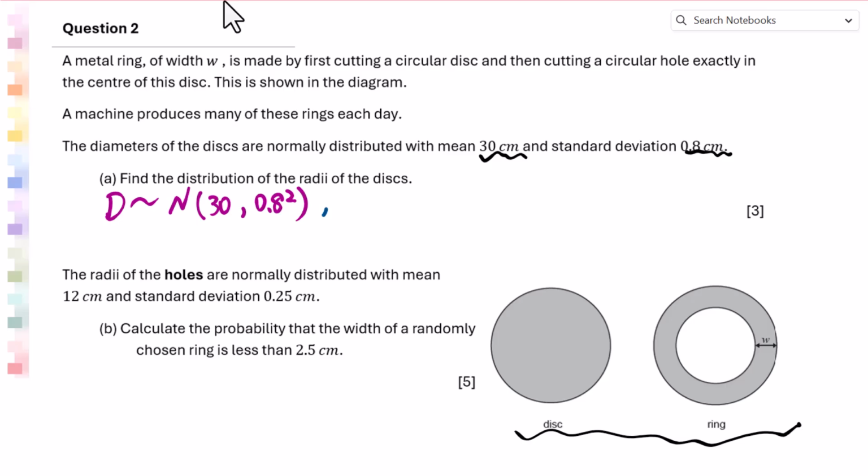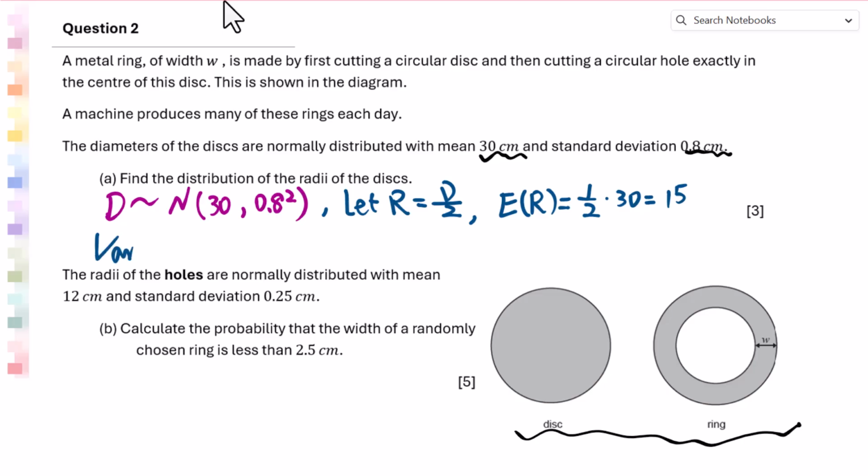Let D follow a normal distribution with mean 30 centimeters and a standard deviation 0.8. Let R equal D over 2. So we have E of R equals 1/2 times 30 equals 15.